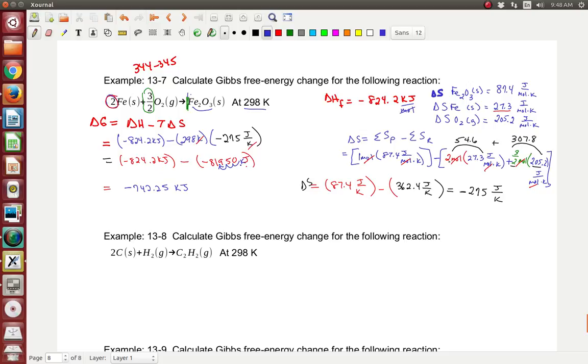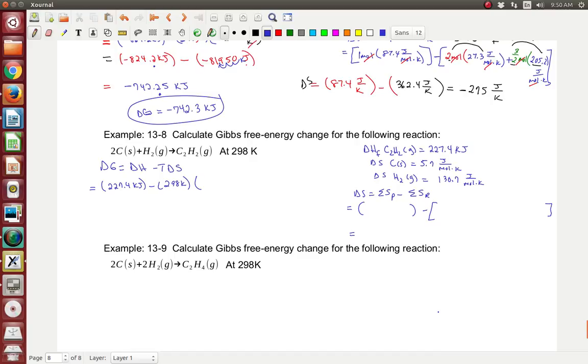Now this ends in the tenths place, so I've got to round, and I'm just not going to worry about rounding to even, so negative 742.3 kilojoules. That's delta G. It's negative. It is still spontaneous. All right, next equation.